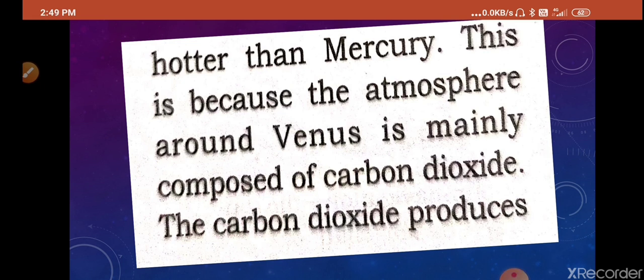I am repeating again that you can mention this in your answer sheet: the atmosphere around Venus is mainly composed of carbon dioxide, and carbon dioxide produces a greenhouse effect on the surface of Venus. That's why Venus is hotter than Mercury.